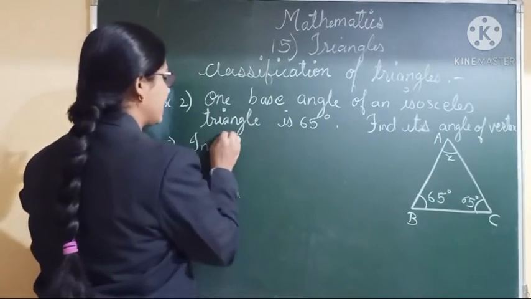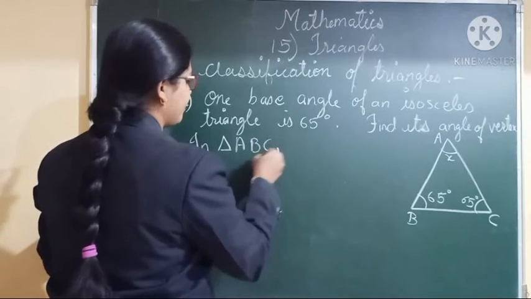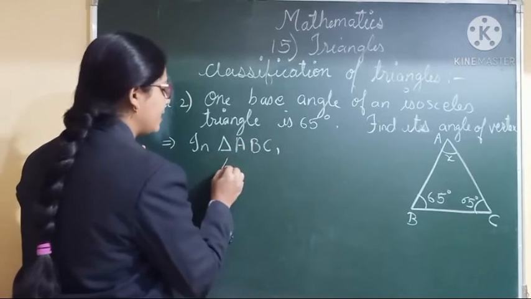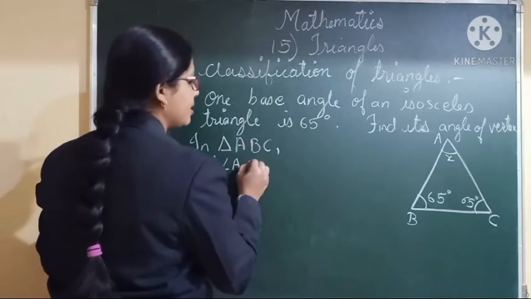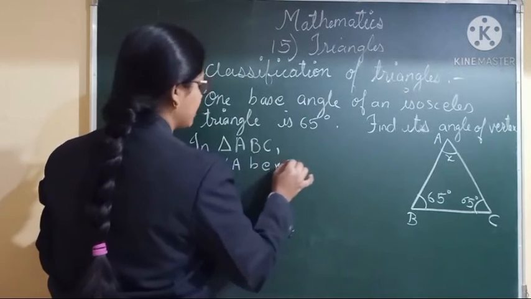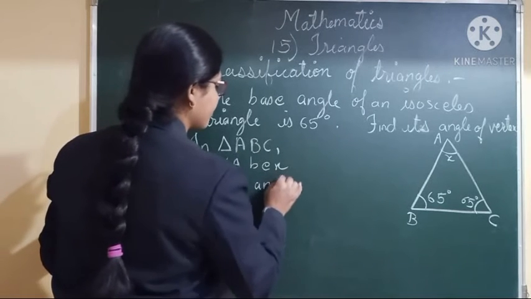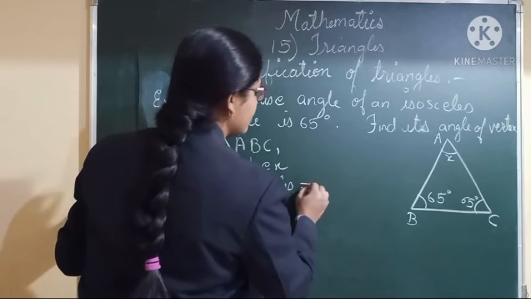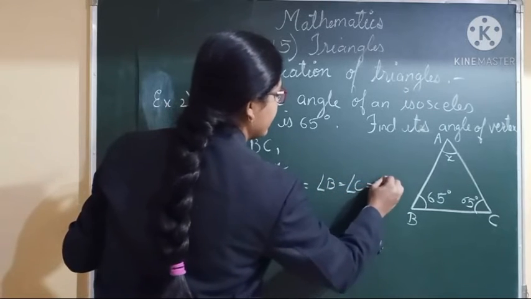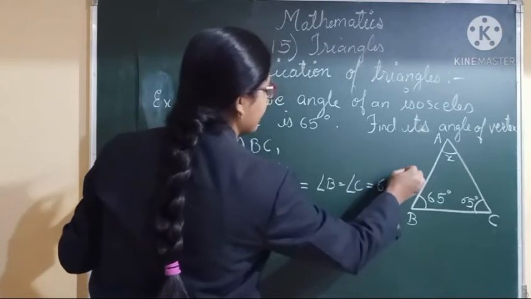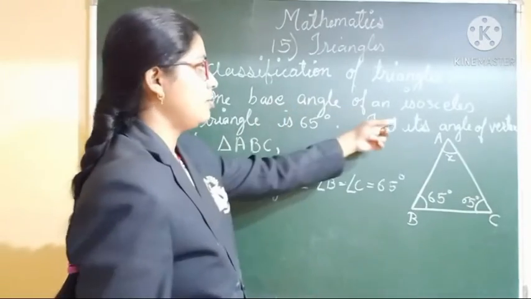In triangle ABC, let angle A be x. Base angles, angle B equals angle C, that is 65 degrees, since it is an isosceles triangle, which is given in the question.